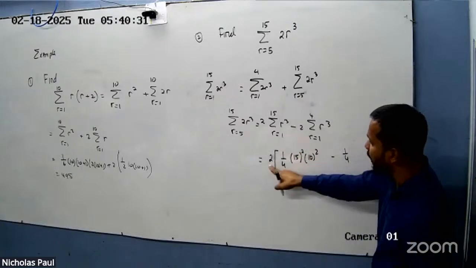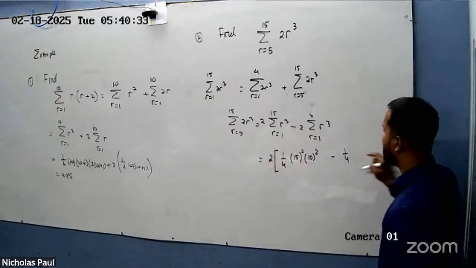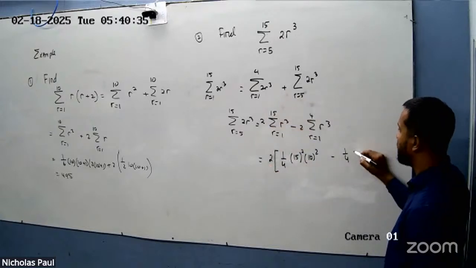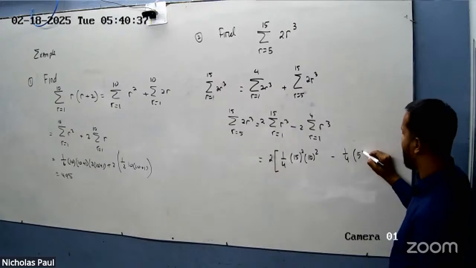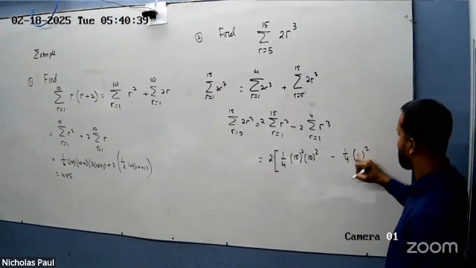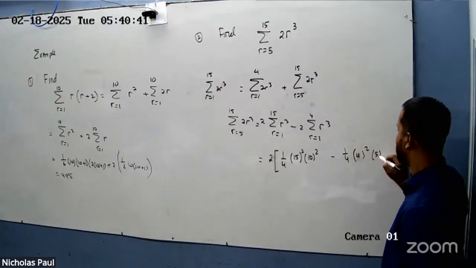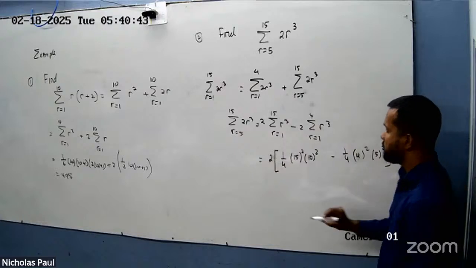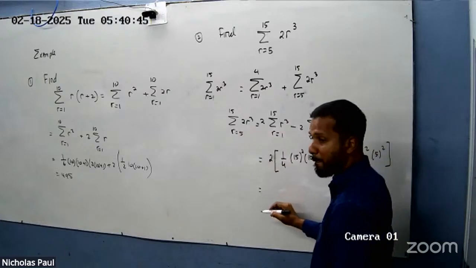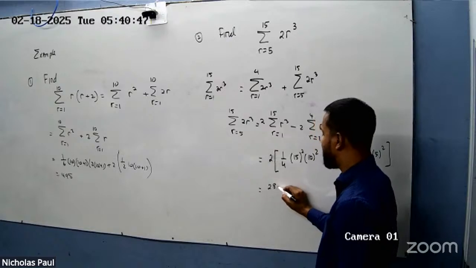I'll put the 2 on the outside, so it doesn't matter. It'll be 1/4 by 5 squared... sorry, 4 squared and 5. How much did you get? 28,000.